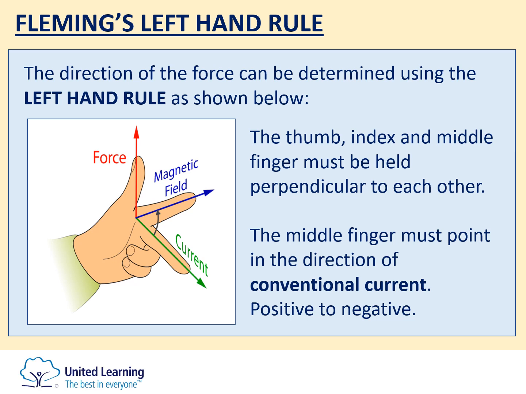And in any exam questions that want you to use this, they will show you a power supply or a battery, which will have the positive and negative sides labelled so that you can see which direction the current is going, or there'll be an arrow to indicate which way the current is going. And then your thumb will be pointing in the direction that the force is being experienced.